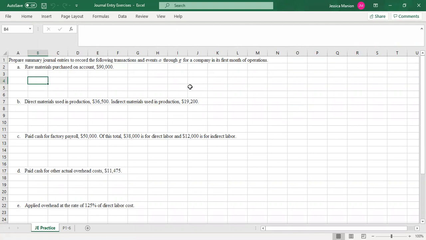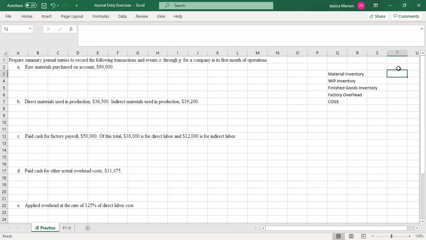So letter A, and the first thing I want to say before we get started on these is that material inventory, work in process inventory, finished goods inventory, factory overhead, and cost of goods sold all follow the same rule as far as journal entries are concerned.